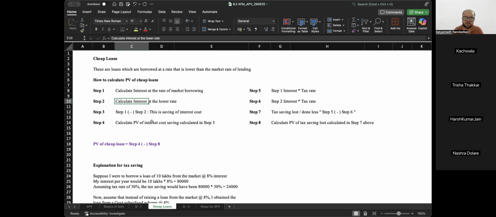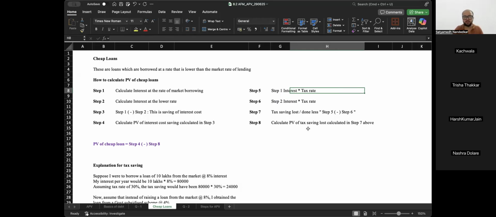इस स्टेप का present value निकालो, apply the discounting factor and calculate the present value of interest cost saving. Then one more calculation that you have to do is step 1 ka interest, that is interest using the market rate of borrowing into tax rate. Step 2 ka interest, that is cheap loan का interest into tax rate. ये करके आपको क्या मिलेगा? You will get tax saving had you borrowed using the original rate of interest.